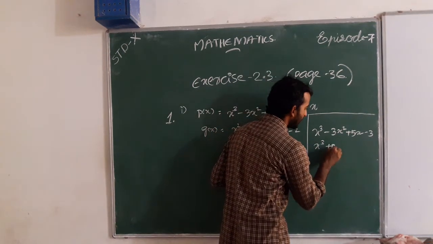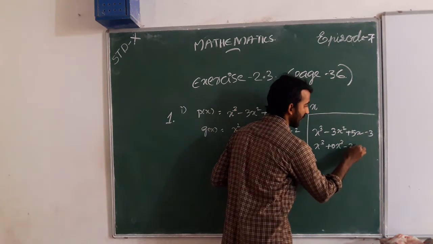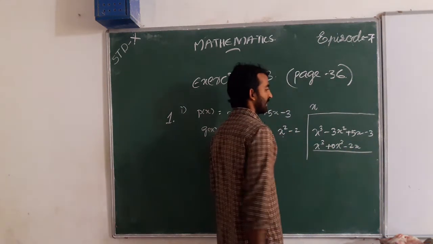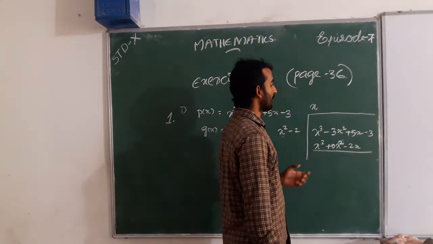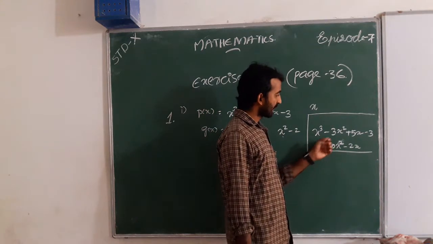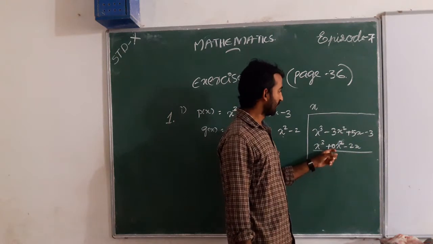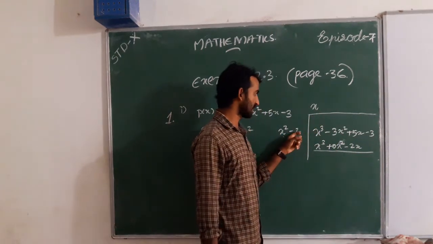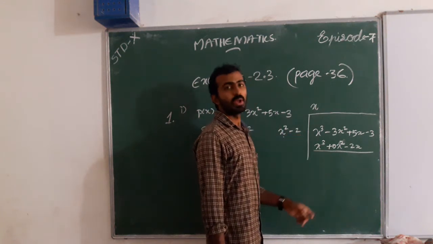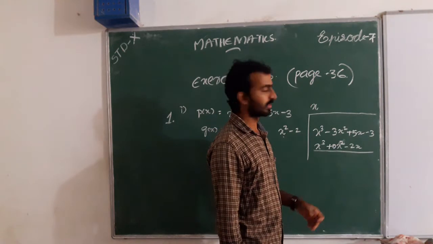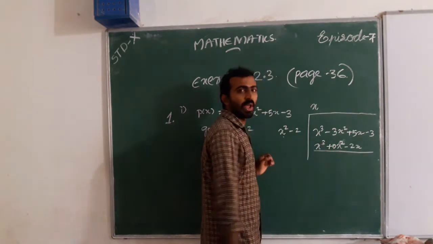That is, I write 0x square minus 2x. Because there is no term in x square, for an easier step we take 0x square.